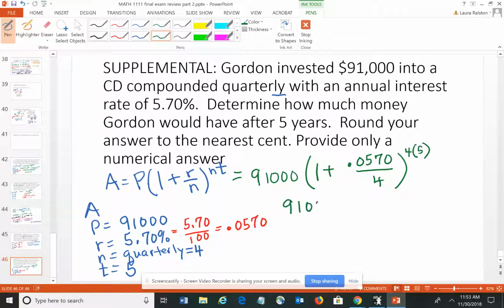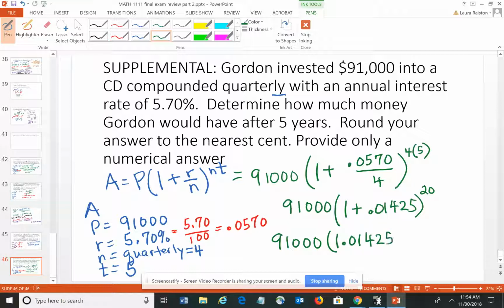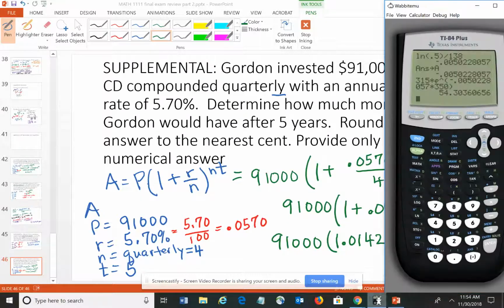So again, the first thing we're going to do is the division within the parentheses. 0.0570 divided by 4 is 0.01425 to the 20th power. Add those things inside the parentheses. So we have 1.01425 to the 20th. Then I'm going to definitely get my calculator out.